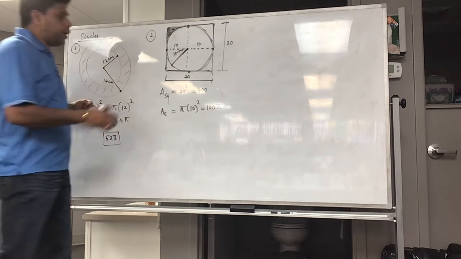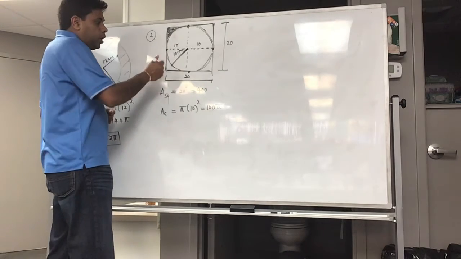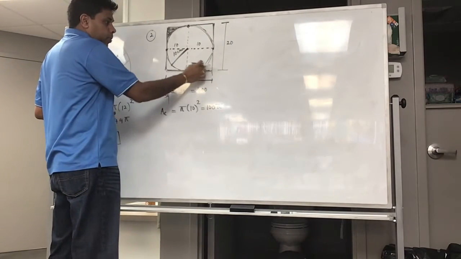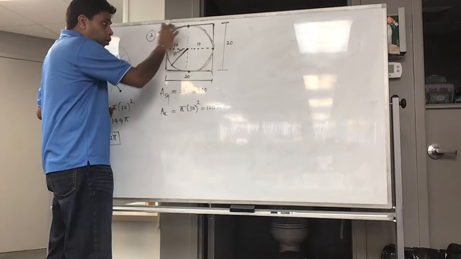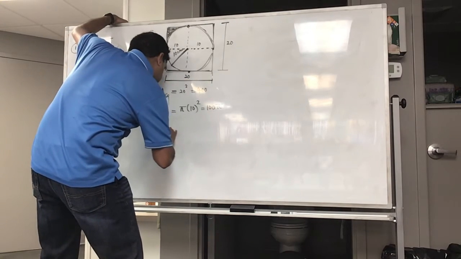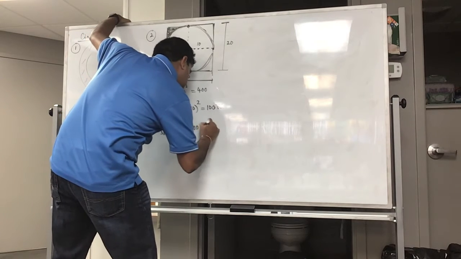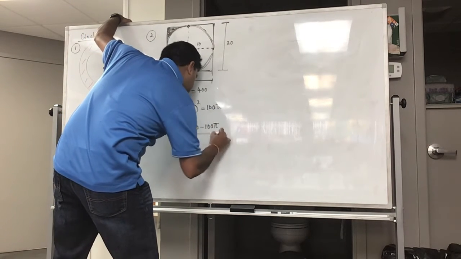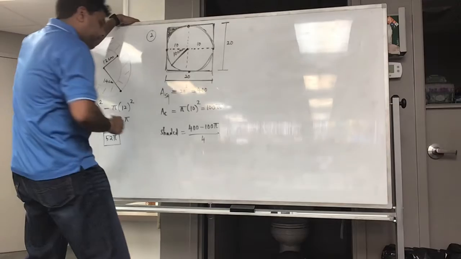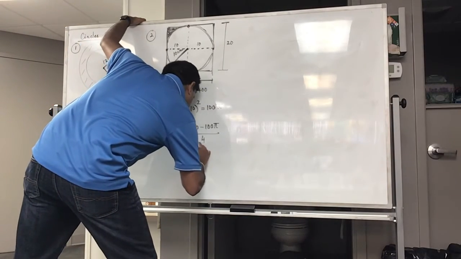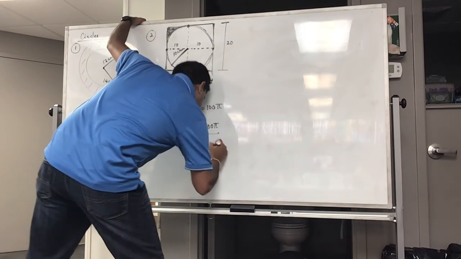Then, what are we left with after the circle is cut out? You're left with this piece, this piece, this piece, and this piece. Am I right? But I only need one piece. So the shaded area is equal to 400 minus 100 pi divided by 4, because I need only one piece, which is 100 minus 25 pi. Yep, you're correct.